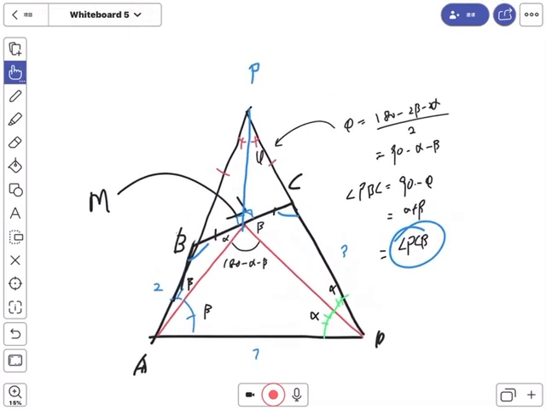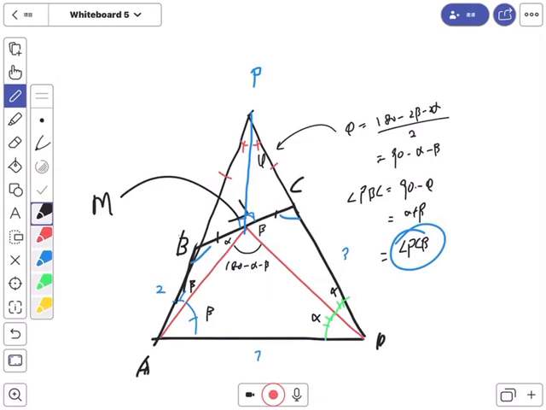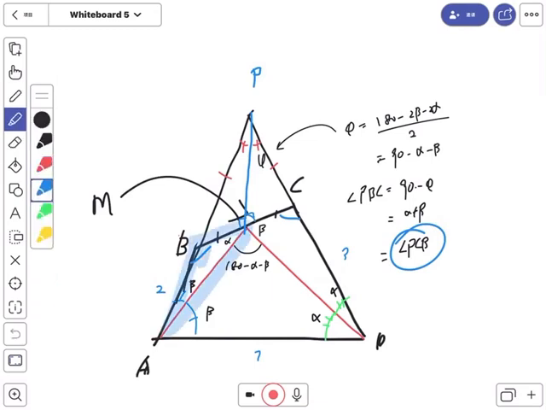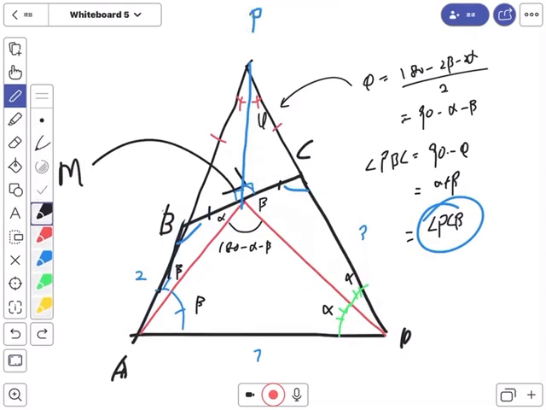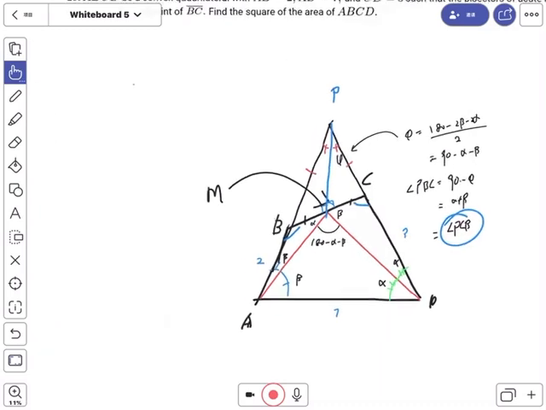This is a really great observation because this means that this triangle right here and this triangle right here are indeed similar triangles, and BM is equal to CM.